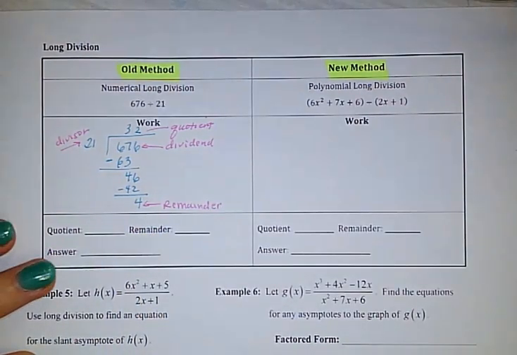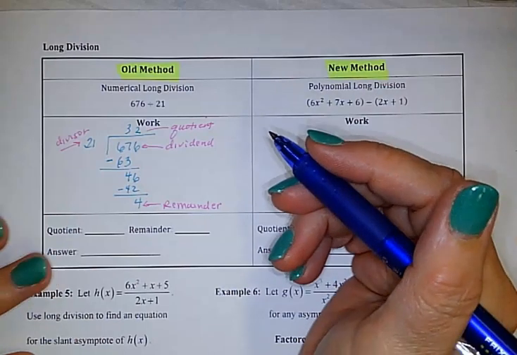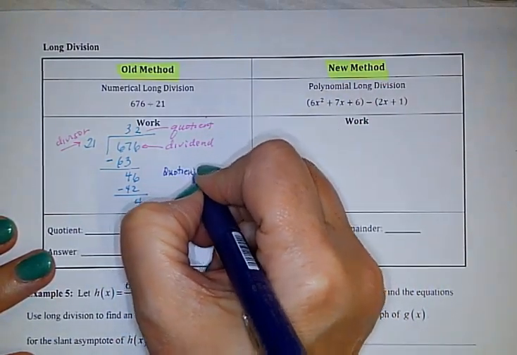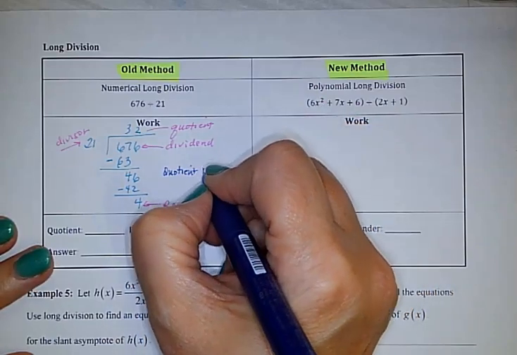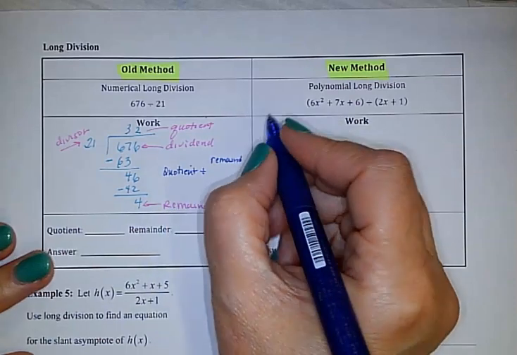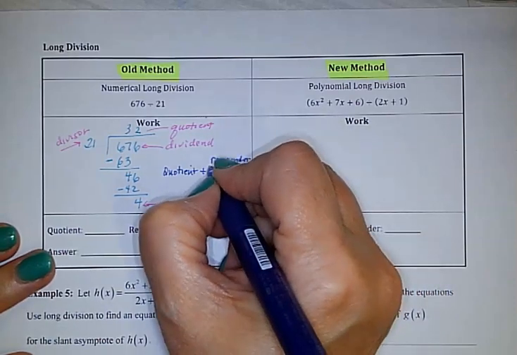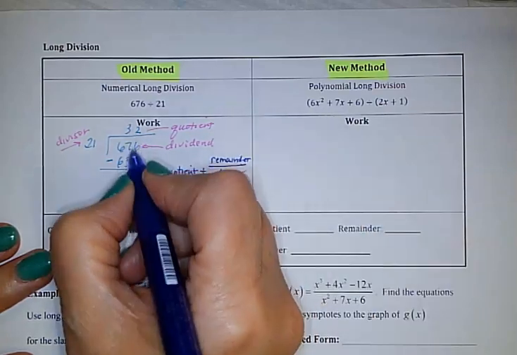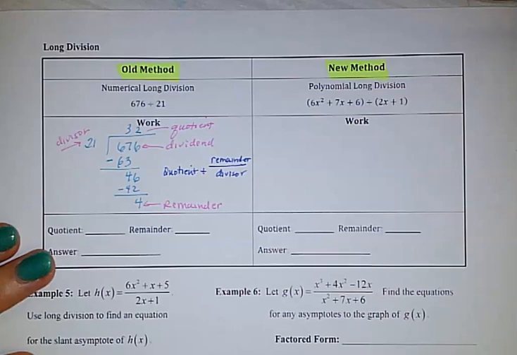So when we're writing this back into our rule, we would say the quotient plus the remainder over the divisor should equal this dividend of 672.